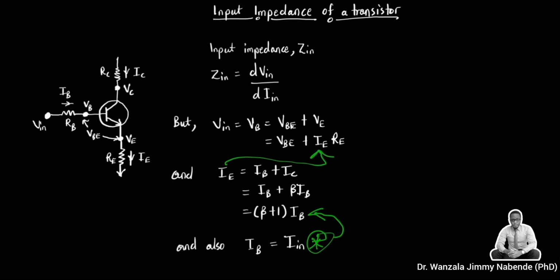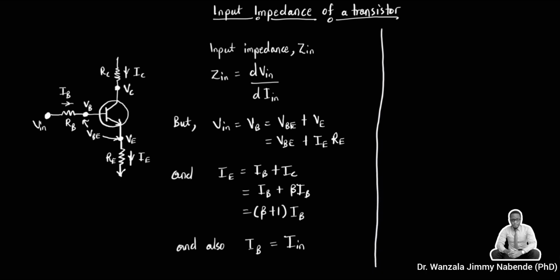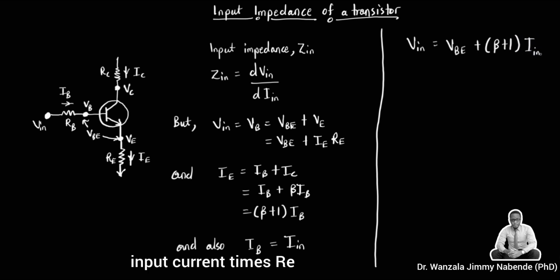We have input voltage equal to VBE plus beta plus 1 times input current times RE.